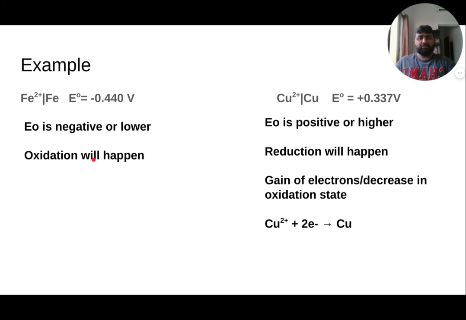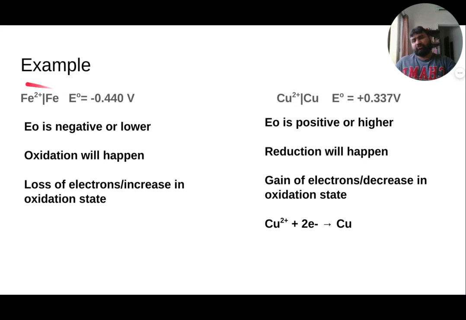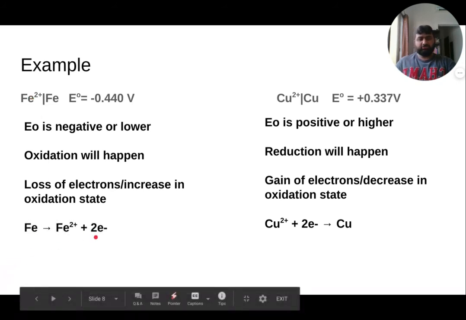Oxidation means loss of electrons, and the electrons are written on the product side. So this goes backward. Negative means backward. One simple logic: if you get a lower value, you go backward. So iron losing 2 electrons to give you iron 2.